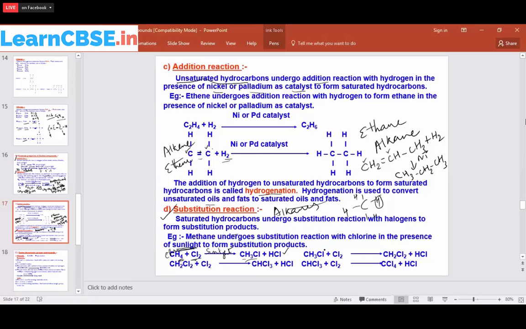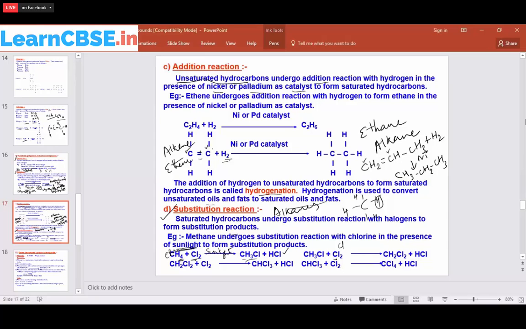Again, if more chlorine molecules are present, why are we writing Cl2? Why are we not writing the chlorine Cl atom? Because chlorine is a diatomic molecule. It always occurs in nature as Cl2. So that's why we are writing Cl2 instead of Cl.